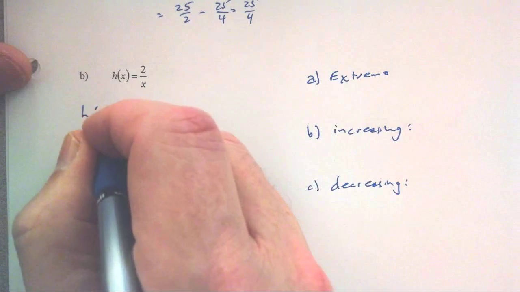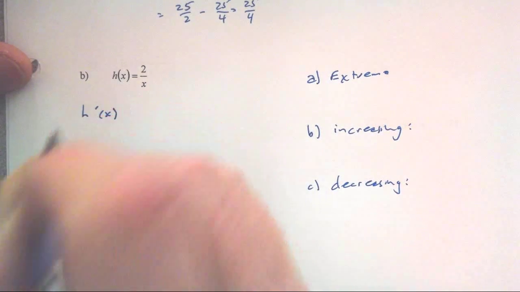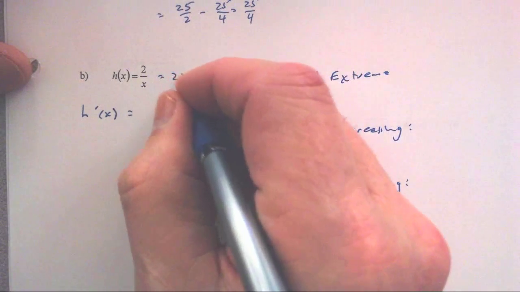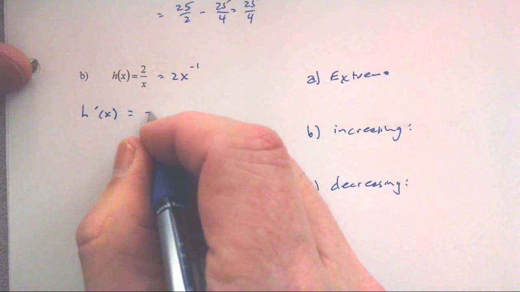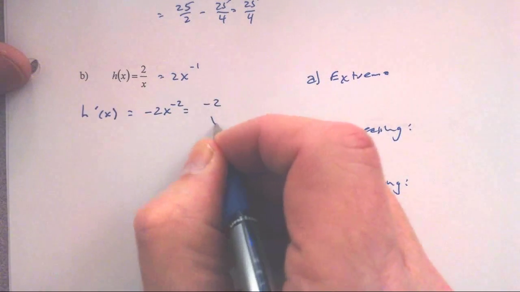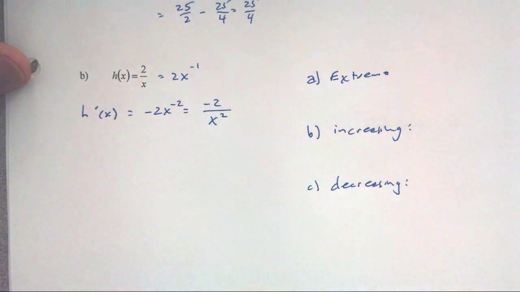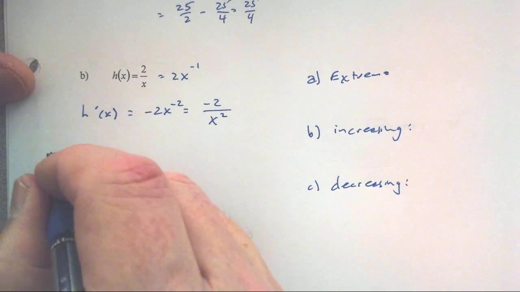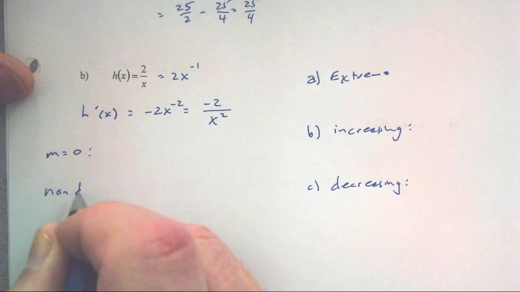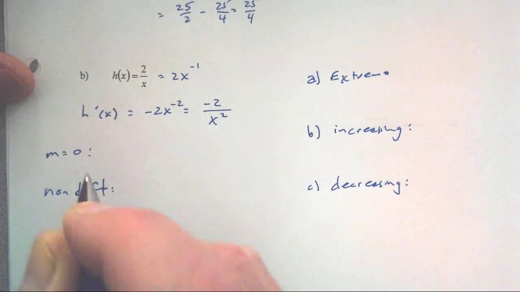First derivative would be, if I treat this as 2x to the negative first, I can just go negative 2x to the negative second, or negative 2 over x squared. And I want points where the slope is 0, and I want points of non-differentiability.